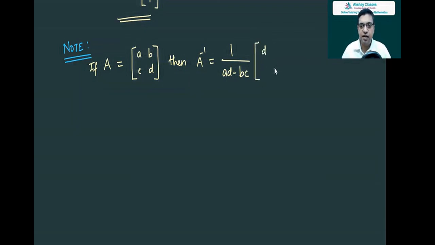Times [d, minus b; minus c, a]. So diagonal elements get reversed, minus b, minus c. This is your adjoint matrix and this is the determinant in the denominator. This will be the inverse. We can solve very fast. We just write A inverse like this and multiply with the constant vector and we solve the equation. Very fast, you can do that.